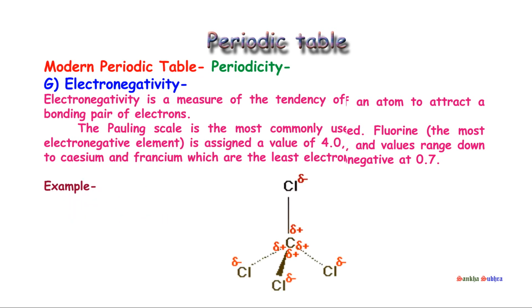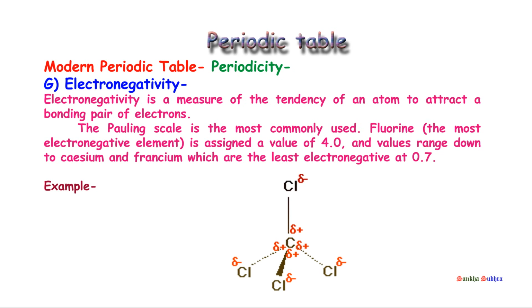Now we are going to understand the concept with the help of the carbon and chlorine bonding in tetrachloromethane. We know chlorine is placed in group 17. As a result, the size of chlorine is very small, and that's why the tendency of attracting electrons is greater.